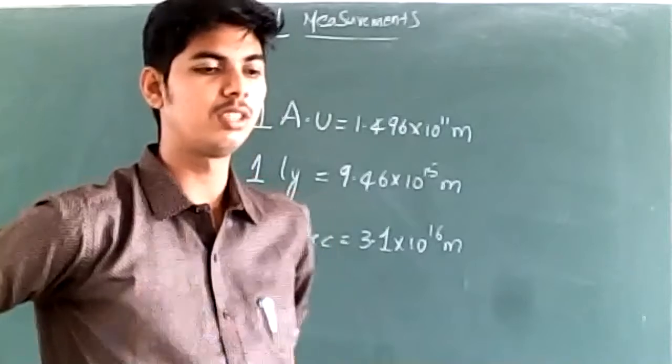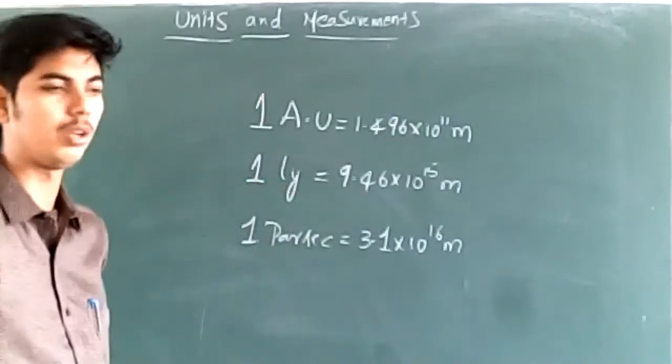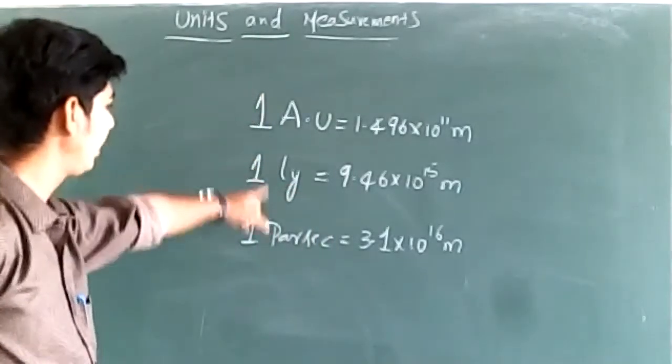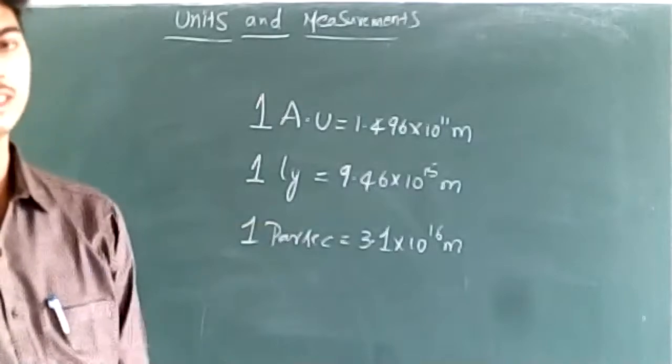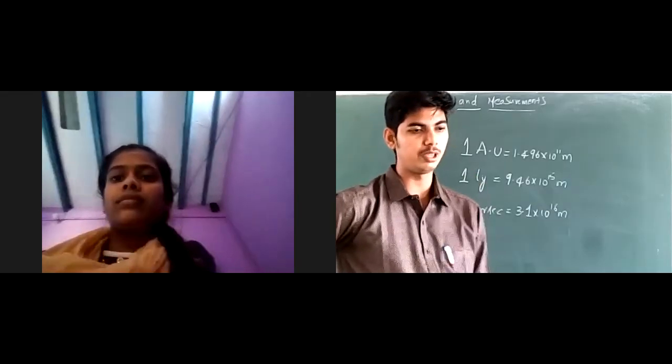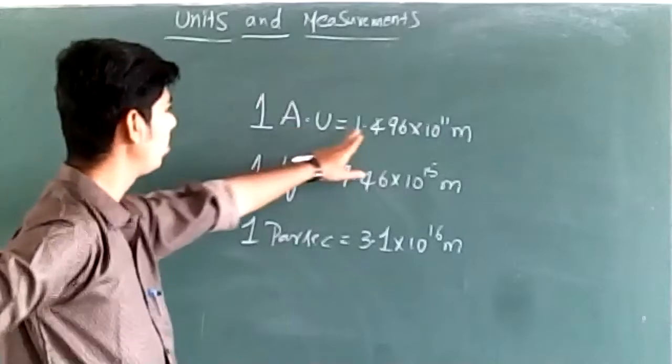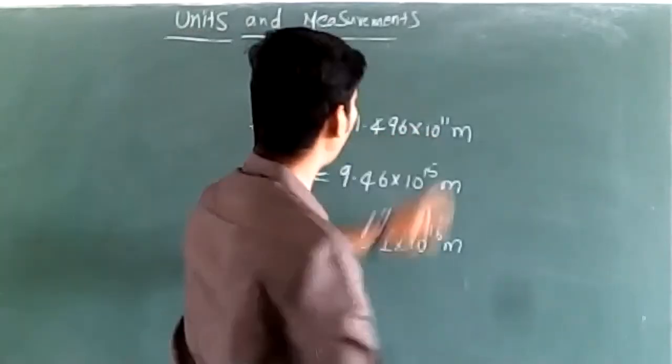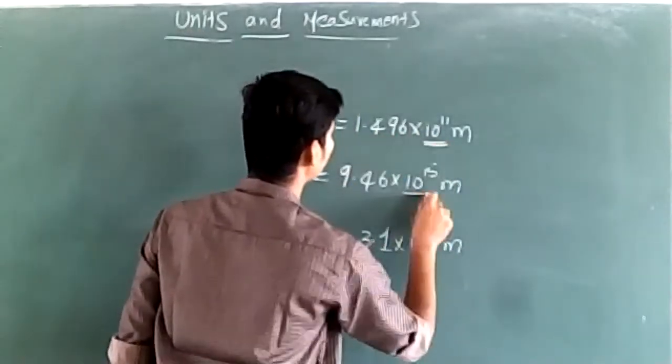Which is the larger unit? Astronomical unit, light year, parsec. Which of these three is the larger unit? Notice one astronomical unit is 1.496 into 10 power 11. You have to look at this value.